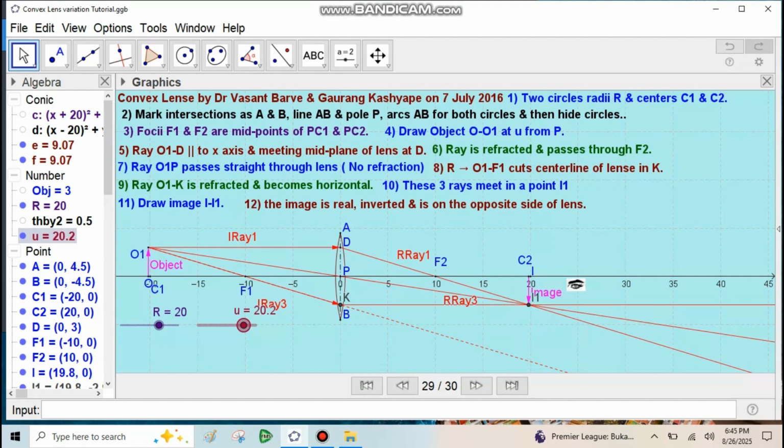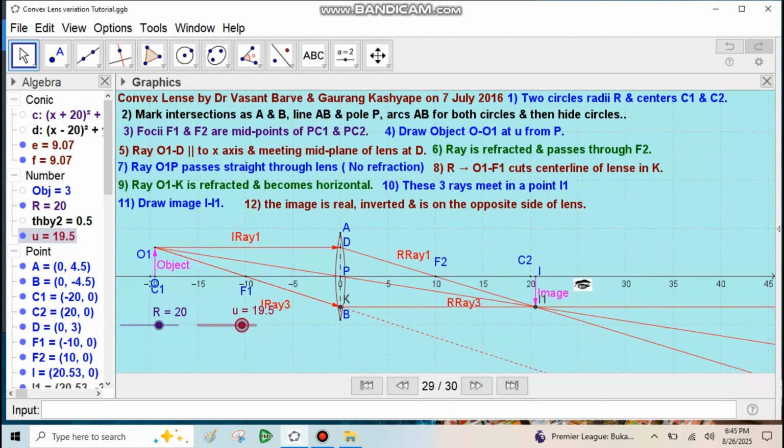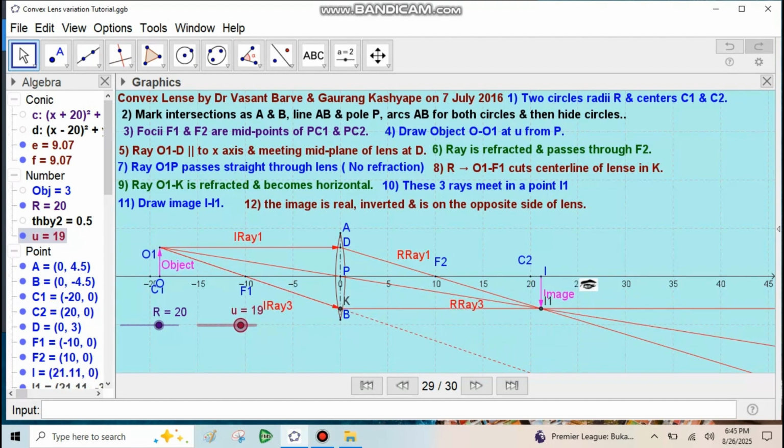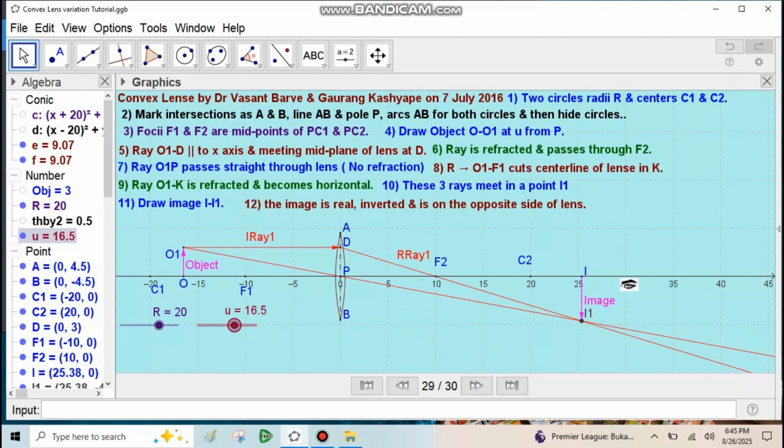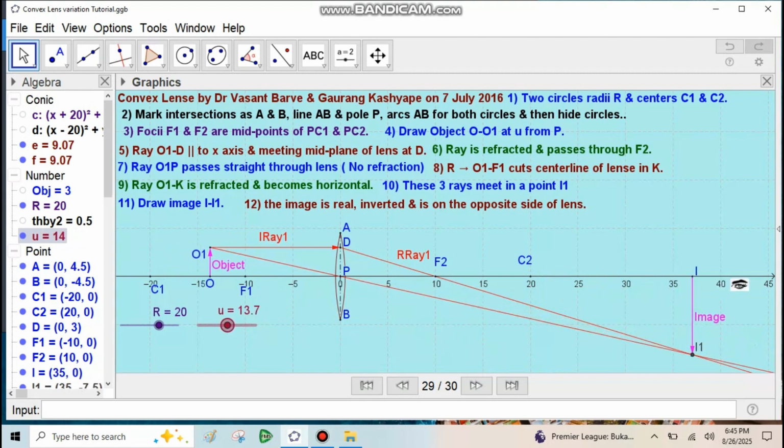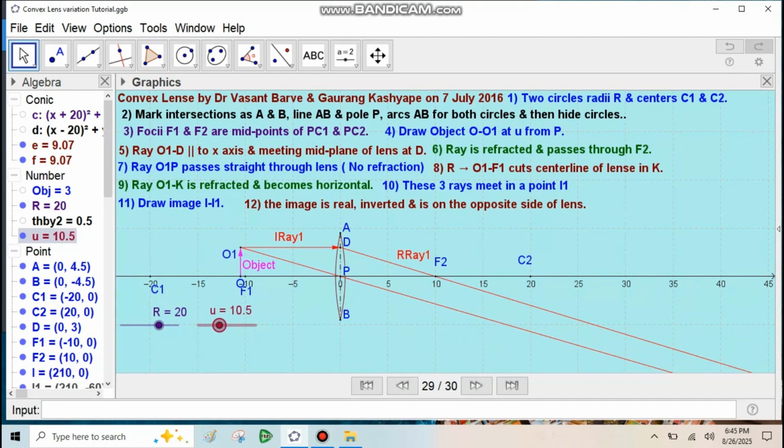So if you have the object at C, center on the other side, you will get the image on this particular side. Now we keep on moving this object nearer to the lens, and you will see that the image becomes larger and larger. At one point, this ray will pass outside, but two rays will form the image. And as it approaches F, the image will go to infinity.